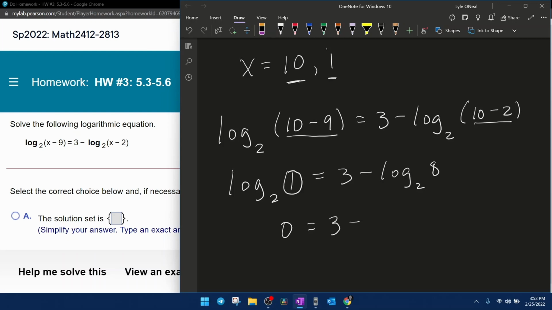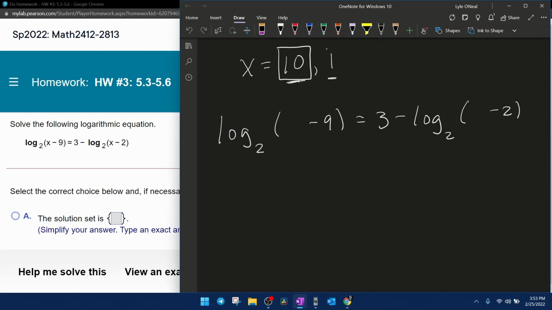Another fun fact, if you can express that 8 with the same base as the log, that's going to simplify nicely. So 2 to the third is the same as 8, but now that the bases match, they cancel, and the exponent there is the answer. And notice 3 minus 3 is 0, so that answer is verified, and we know that 10 is a valid solution.